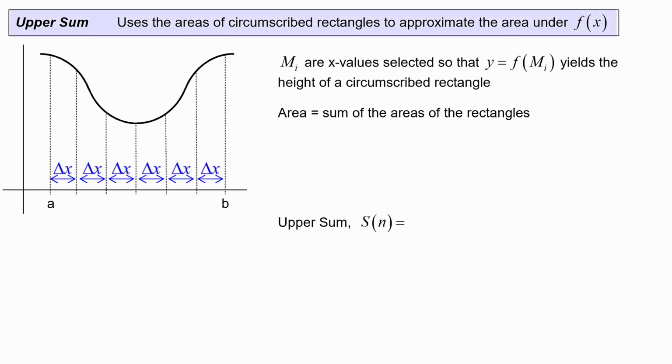Now the upper sum uses the areas of circumscribed rectangles to approximate the area under f of x. This time, capital M sub i are x values selected so that y equals f of capital M sub i yields the height of a circumscribed rectangle.